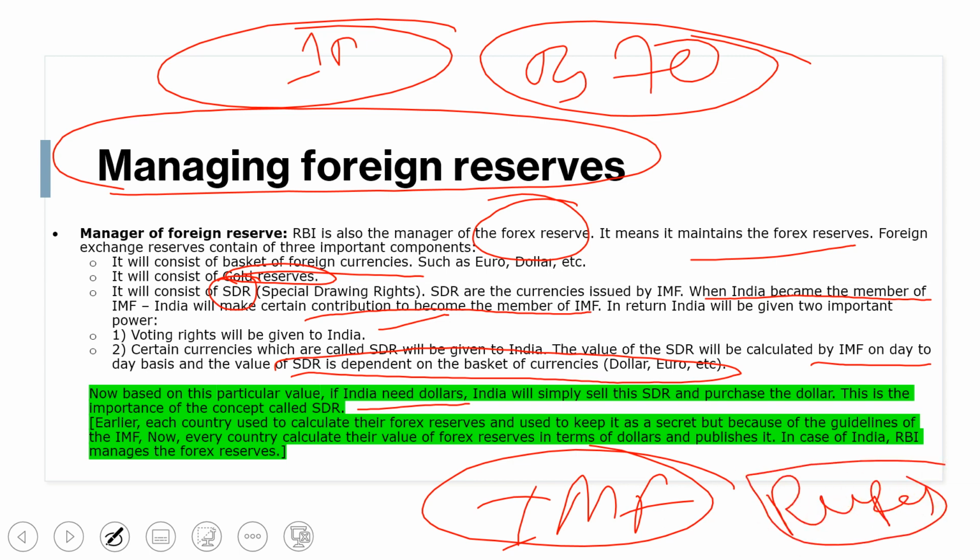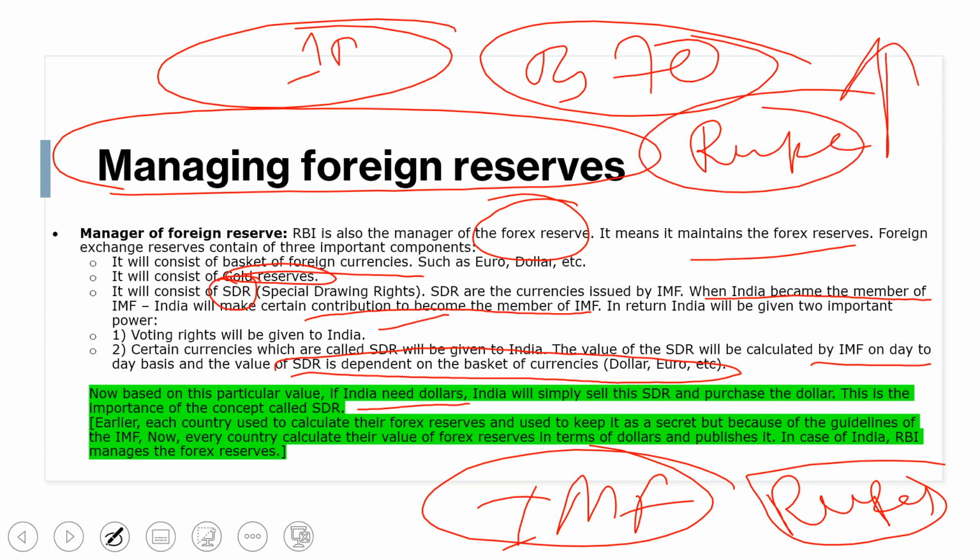Rupees are priced very high, like rupees 70 equal to $1. In that case, India may put too much money into the market, and there may be a shortfall of rupee currency in the domestic market, and ultimately inflation will come. That's why India will use SDR currencies, whose value is monitored by the IMF on a day-to-day basis, updated as per the market.